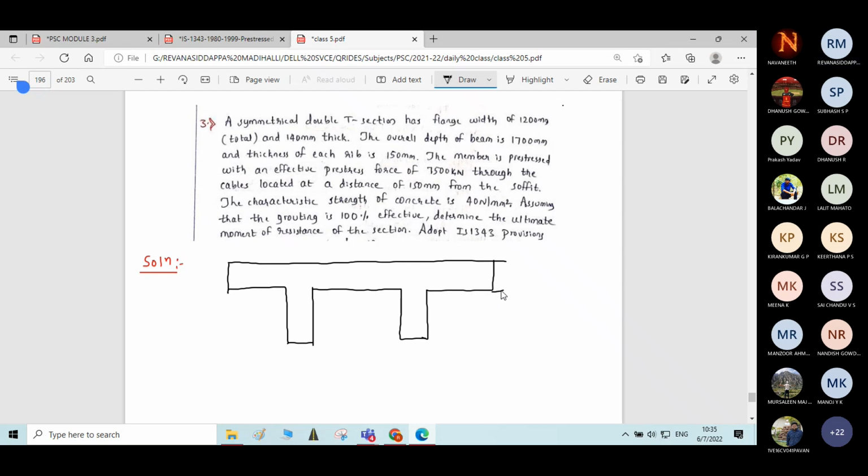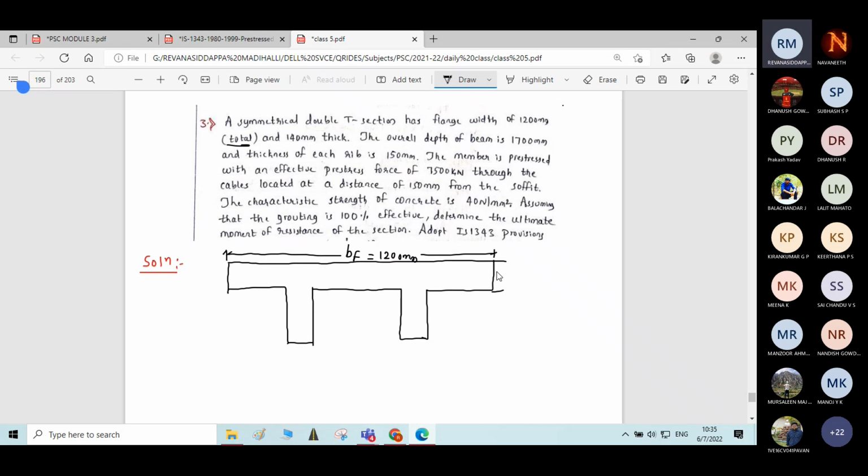Okay. Total flange width is 1200 mm. And 140 mm thick.